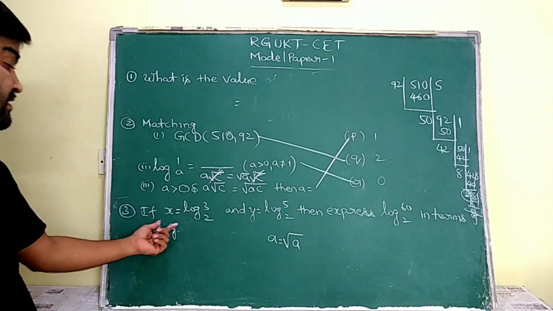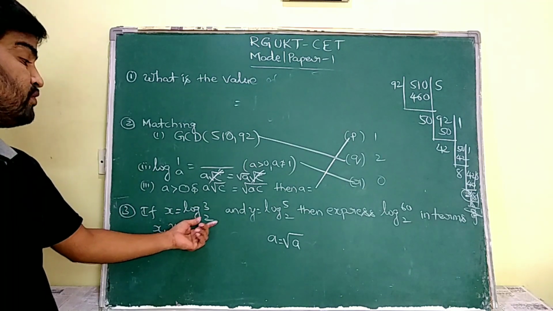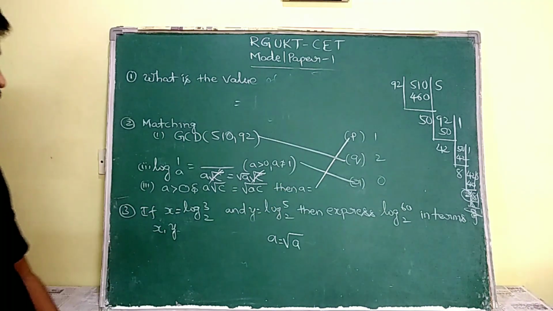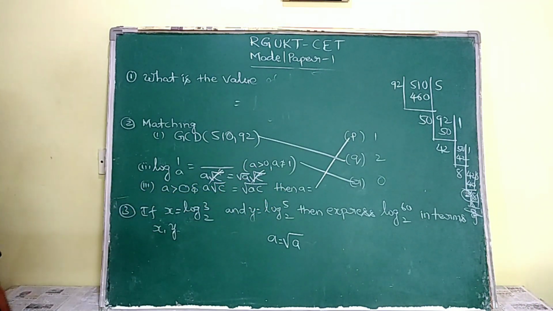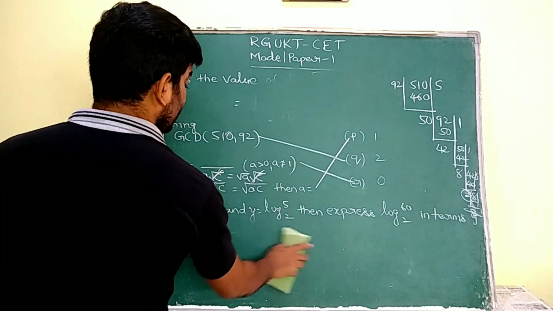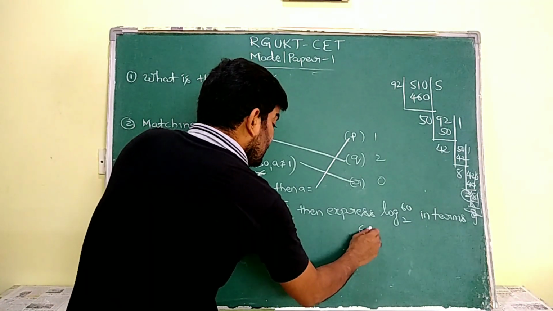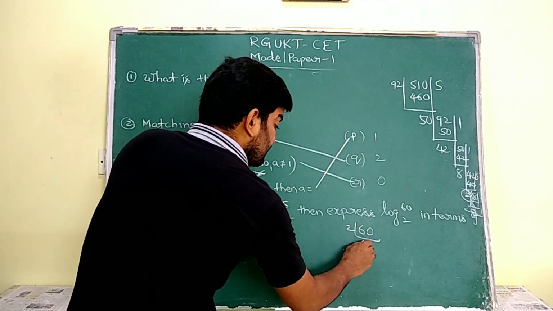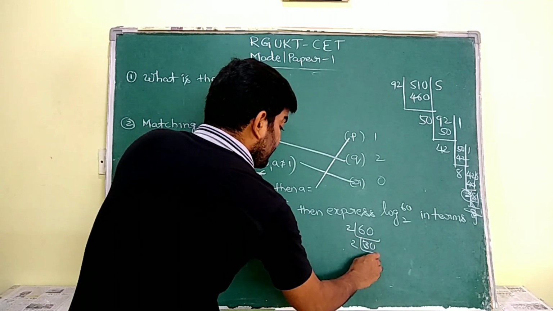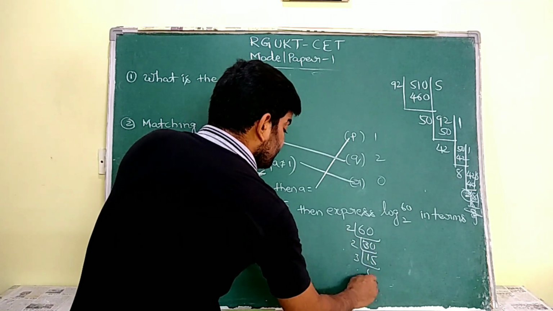Now if x is equal to log 3 base 2 and y is equal to log 5 base 2, then he is asking us to express log 60 in terms of x and y. It is very easy. For that you have to write this 60 in prime factors: 2 30s, 2 15s, 3 5s.